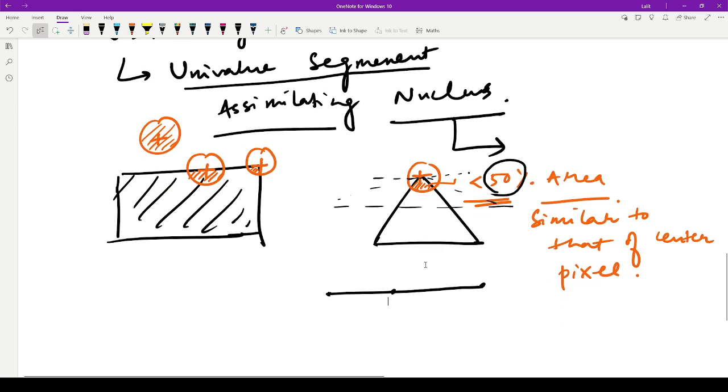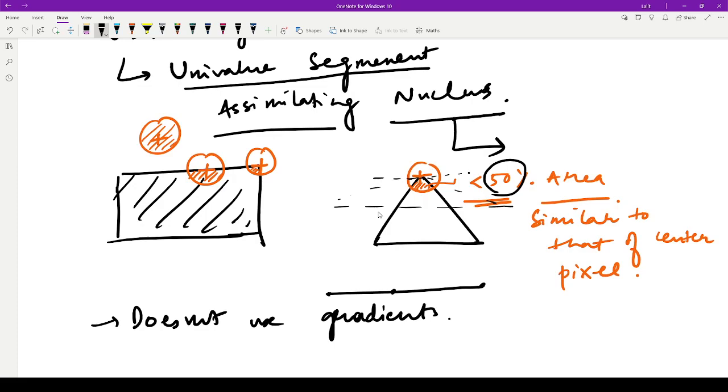Of course, this method does not use gradients explicitly, but still you're comparing the center pixel to the nearby pixels. So what kind of information is it trying to capture? Can anyone tell me?